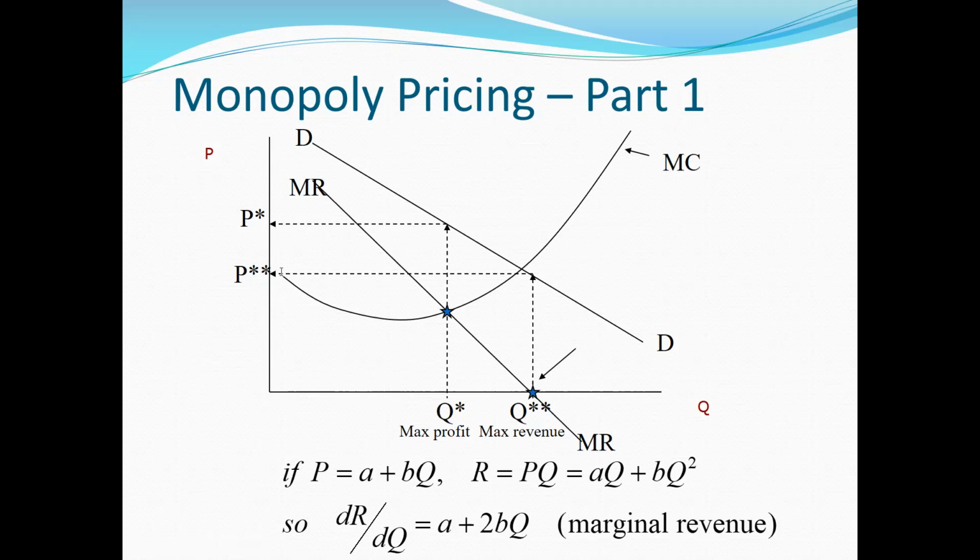This is the marginal cost curve that starts at infinity and goes down. So this curve is the marginal cost curve. And then you have the demand curve. Okay. So the marginal cost curve and the demand curve.